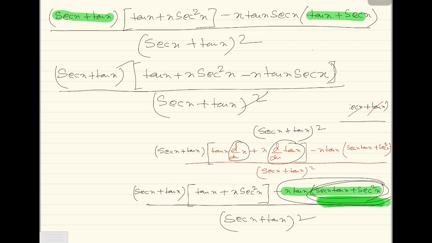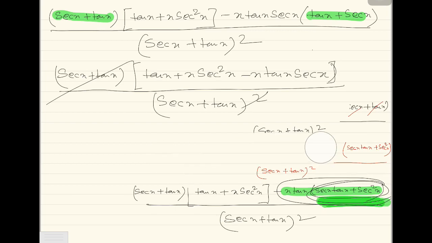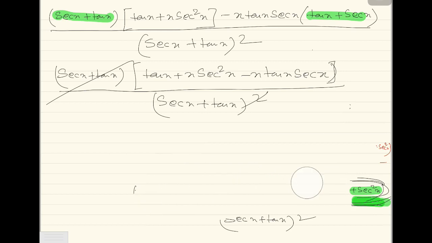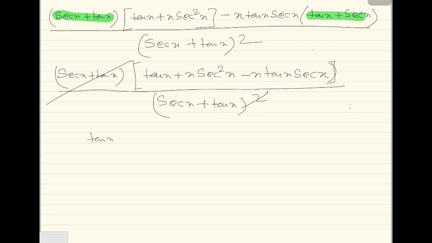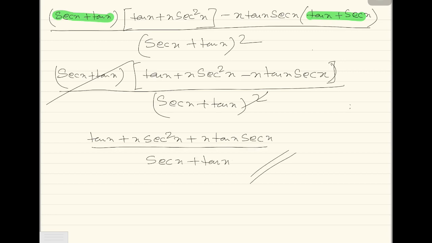So the square and one of the factors get cancelled. Let me rub this now. And finally, I just need to write the simplified version of this statement. So I'll get tan x plus x sec square x plus x tan x sec x, and whole divided by sec x plus tan x. So I think that's my answer, because that's how much I can simplify.